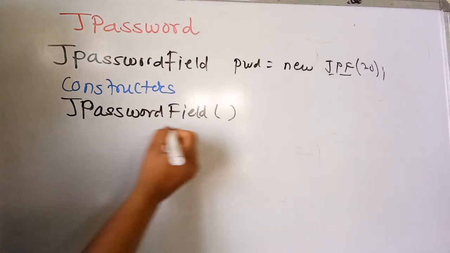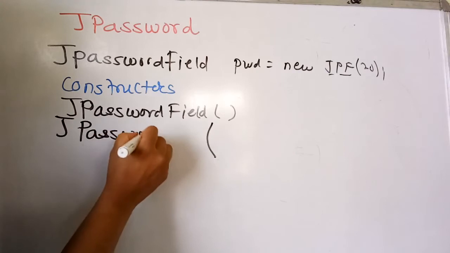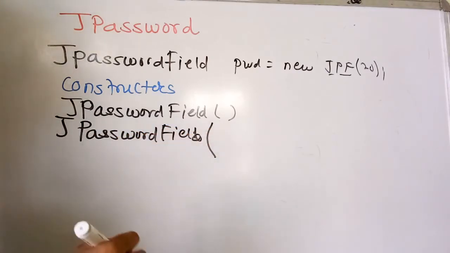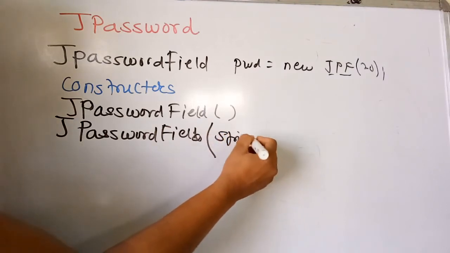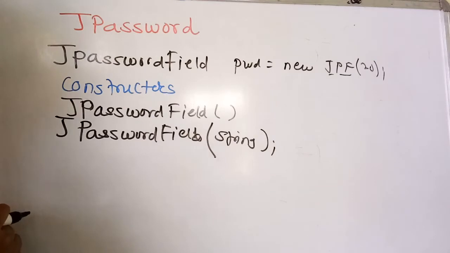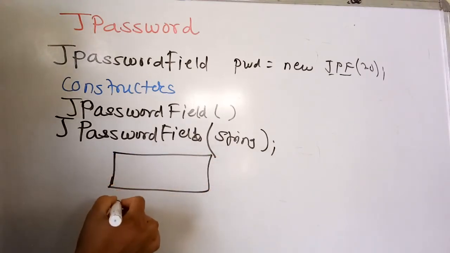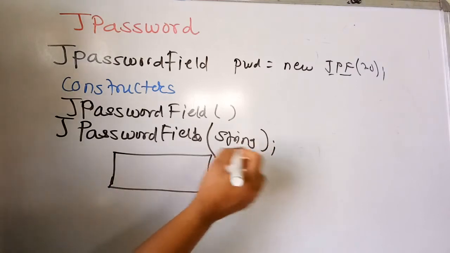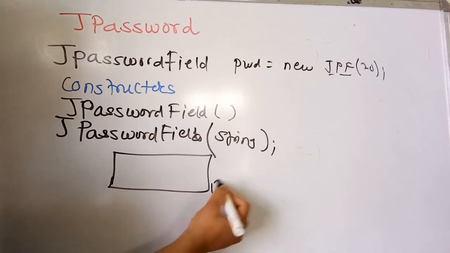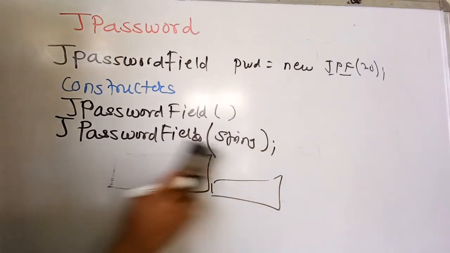Next is JPasswordField with a string, which gives the facility that, for example, if this is the field and you are writing a string type title, when your cursor moves over it, one message will be displayed with this string.